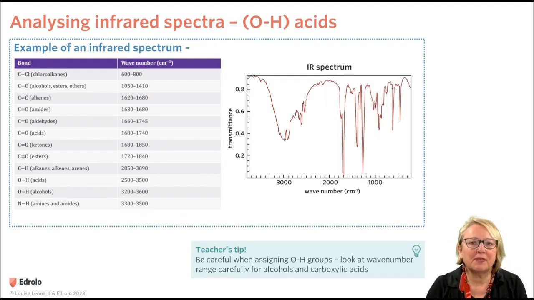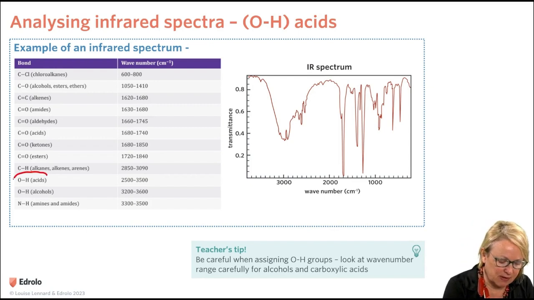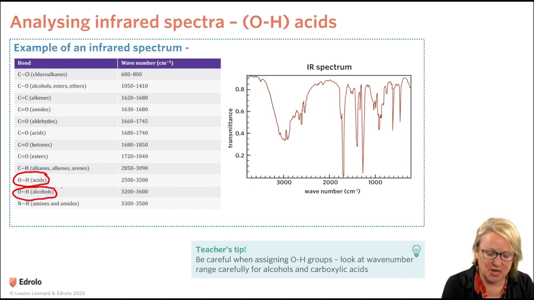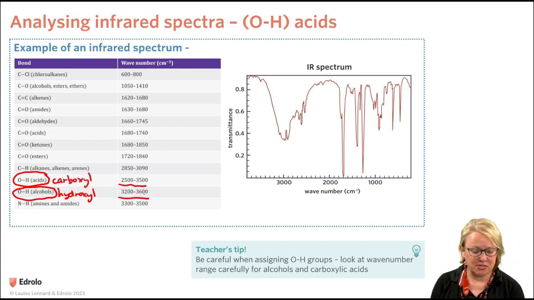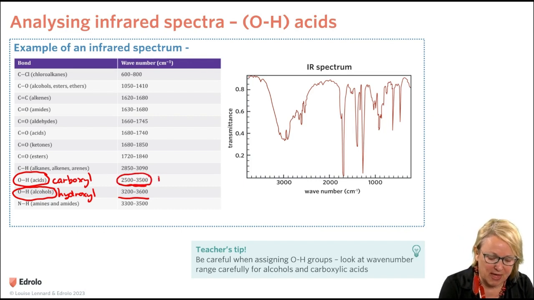Okay, so there are 2 groups of OH bonds that you need to consider. They're OH acids and OH alcohols. So for the OH alcohols, we're talking about hydroxyl groups, but for the OH acid, we're talking about the carboxyl, and they've got different wave number ranges. Now, the OH in the carboxyl group spans a whole 1,000 centimetre -1 range, which is very broad.